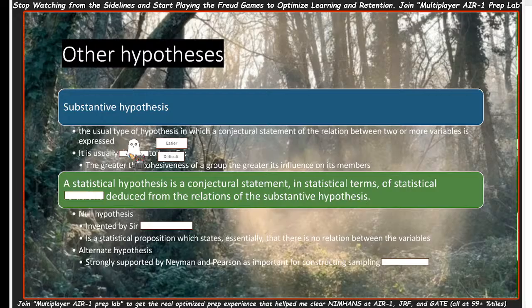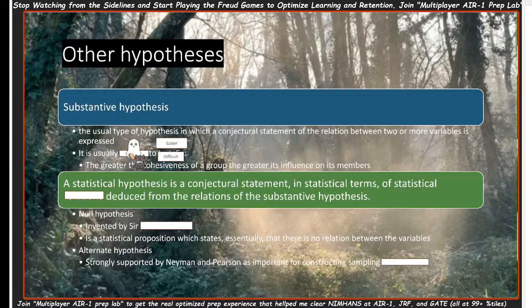So now, what is important for your assertion questions and then history-based questions: you may have heard of the null hypothesis. So there is no significant relationship between this group and this group. It was actually given by Sir Ronald Fisher, who also gave ANOVA.